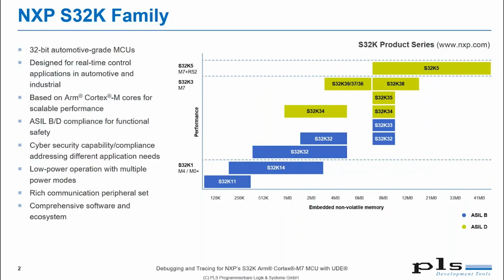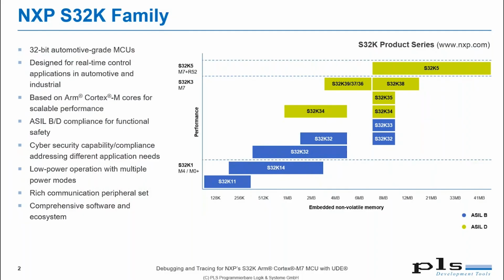Okay, then let's start with a short overview about the S32K family. The S32K is a whole family of automotive-grade microcontrollers that are all based on Arm Cortex-M, which is the core architecture. Relying on that, the devices offer scalability, high performance, and also low power consumption. The MCUs of the S32K family are part of the so-called S32 automotive processing platform. So it's only a part of this.